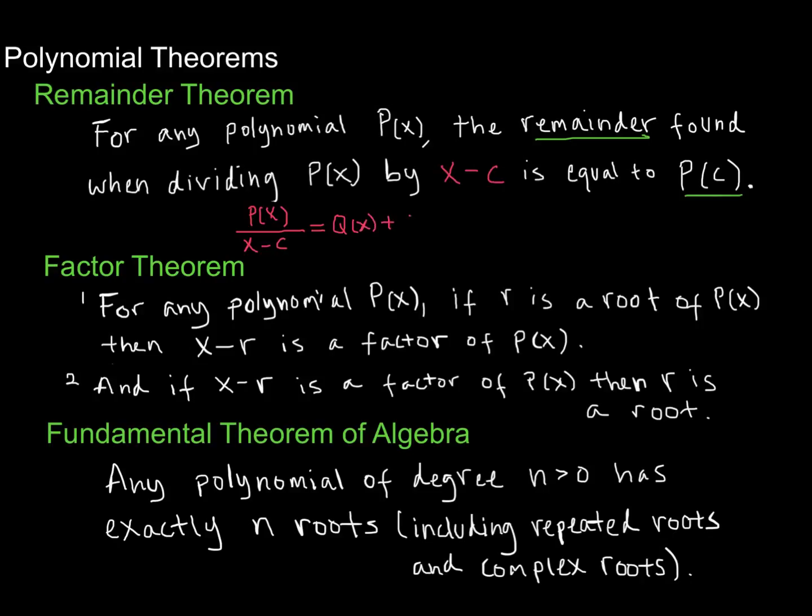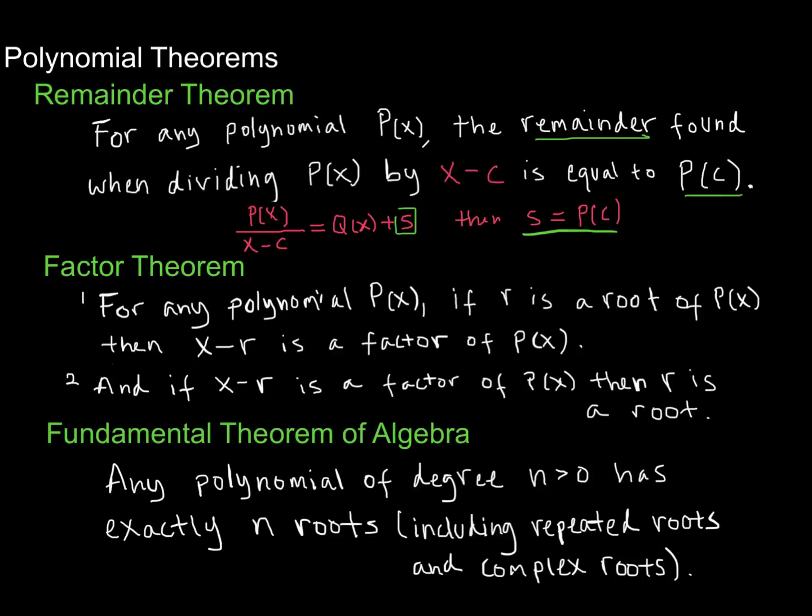Let's call the remainder s. So this is my remainder here. And what this theorem says is that when you do this division, whatever this remainder is, this value s is equal to the value of my polynomial function when I plug c in for x.